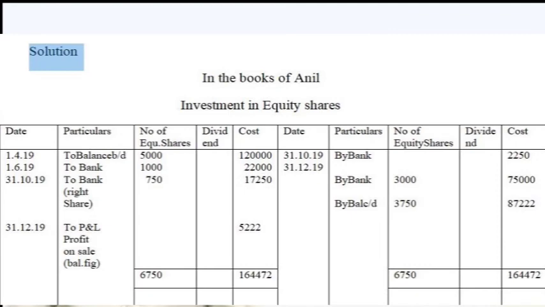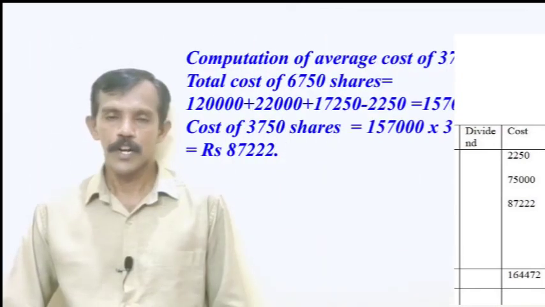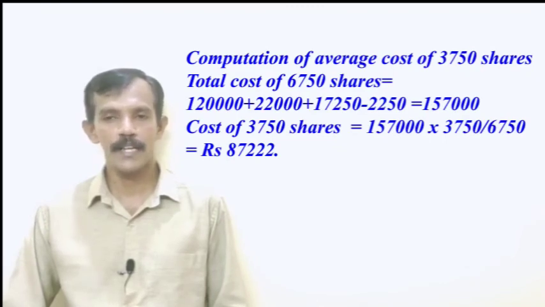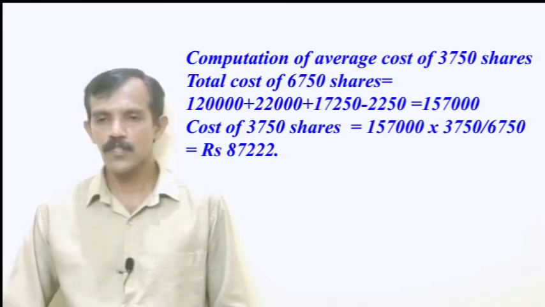Then we find out the cost of these 3,750 shares. The total cost of 6,750 shares is equal to our opening 5,000 shares, its cost 1,20,000. Then purchased 1,000, its cost 22,000. And then right shares purchased, its cost 17,250. Then total 1,20,000 plus 22,000 plus 17,250.